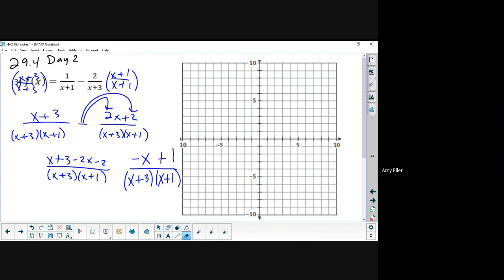Any questions on getting this rewritten? I'm going to erase what I have and leave.